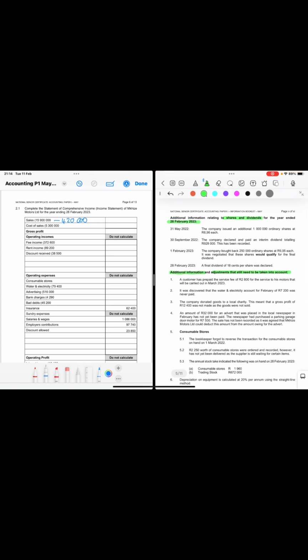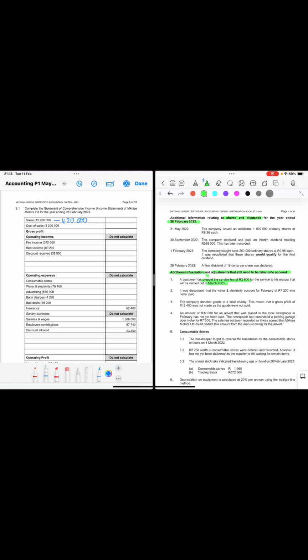So let's go to the adjustments. A customer has prepaid the service fee of 2,800 for the service to his motors that will be carried out in March 2023. So we end our year on the 28th of February 2023. So anything after that is for the next financial period.